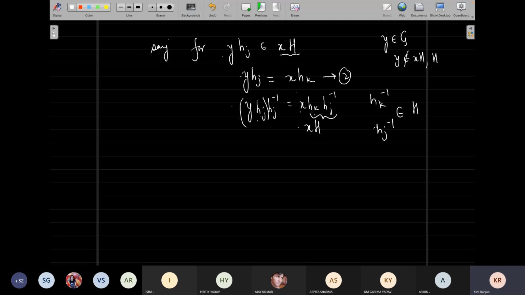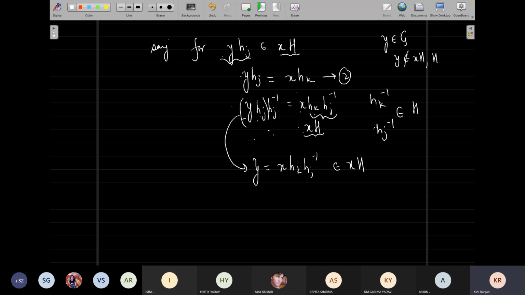Now let's look into the left hand side. What has the left hand side now? This is only Y. So Y is equal to X HK HJ inverse, right? I am not writing out the associativity and the identity, but it is simple to see. So Y is equal to this. That means the only possibility is that Y also belongs to XH.